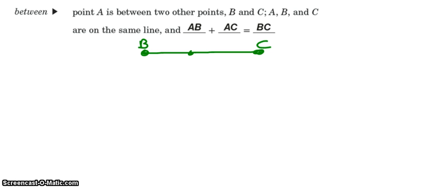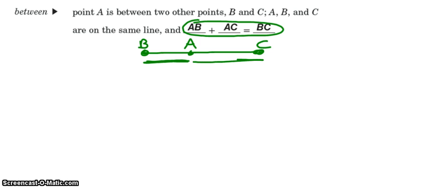A is between B and C. So when we add up our segment AB, this segment right here, plus AC, it'll be the whole line segment BC.